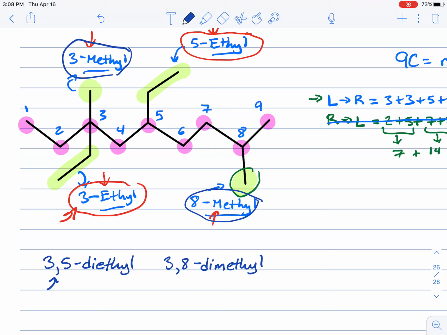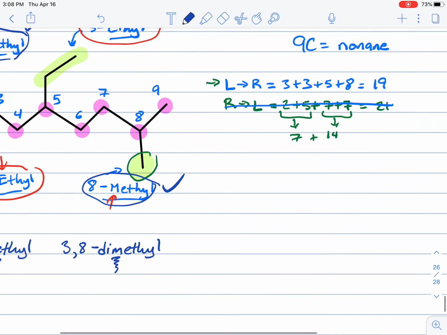And once again, when you guys are ordering this, make sure it's the first letter of the actual name, not the prefix, not the di's, not the tri's, not the tetra's. And so I've basically finished incorporating these two, and so now I just need my parent name, which is nonane.